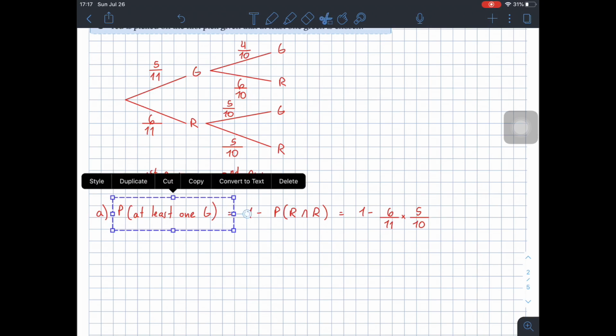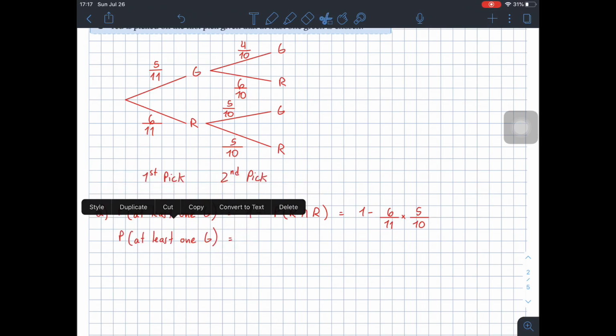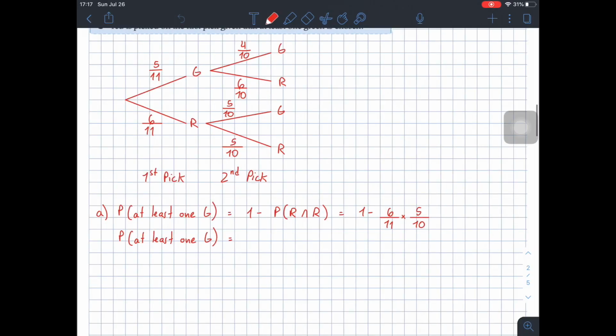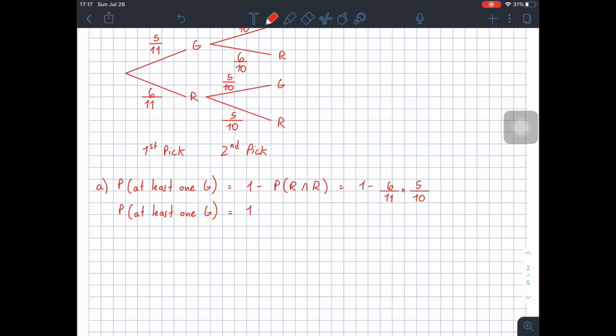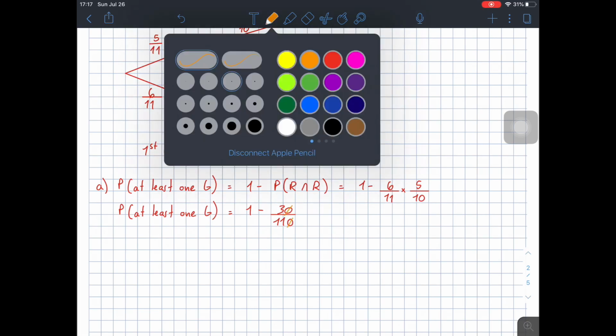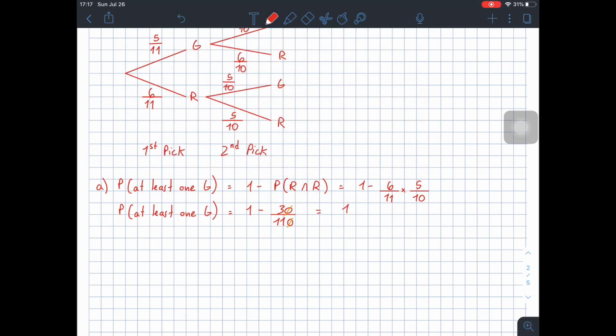Let me duplicate this. So if we solve this, we're going to say this is equal to 1 minus 6 times 5, that's 30, over 11 times 10, that's 110. So if we simplify, here you can see the 10 simplifies. So this is equal to 1 minus 3 over 11.